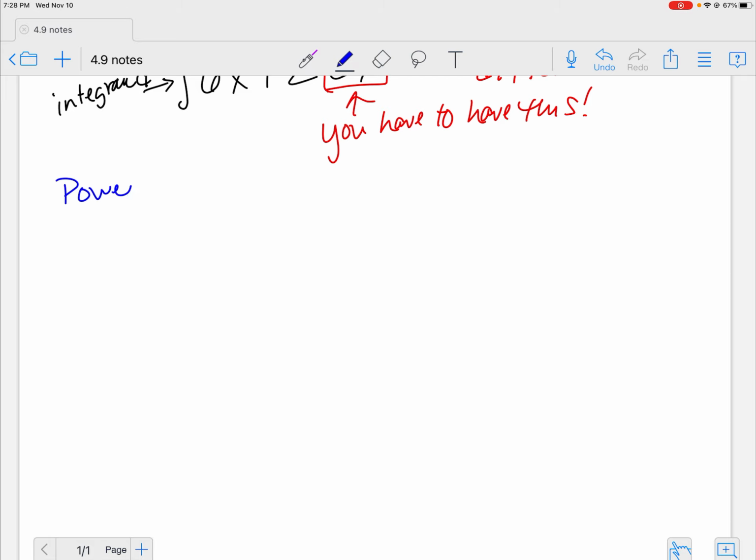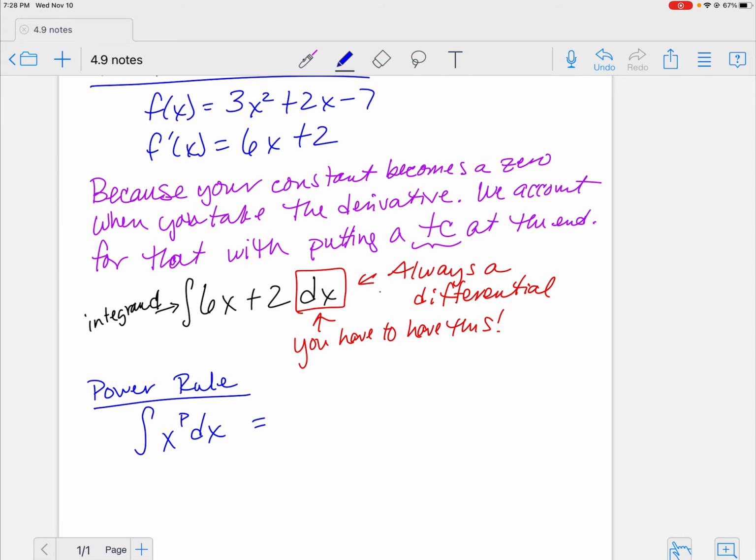Our first one, however, is the power rule. This is your go-to rule. If I have x to the p dx, right, because that's my variable. Remember when we took our derivative, what did we do? We brought it in front as a multiplier, then subtracted 1.